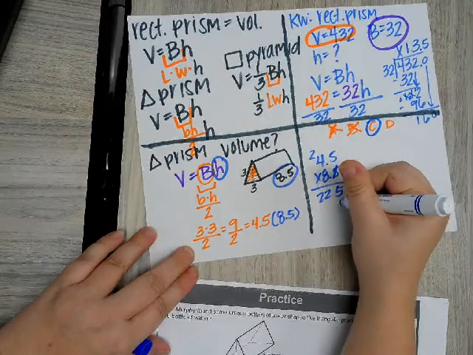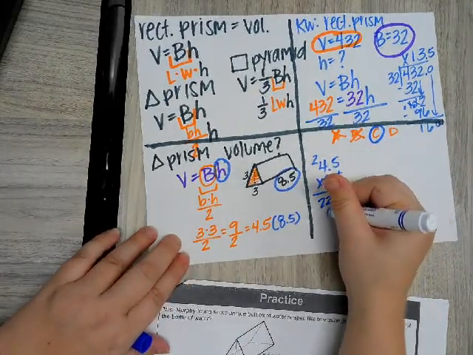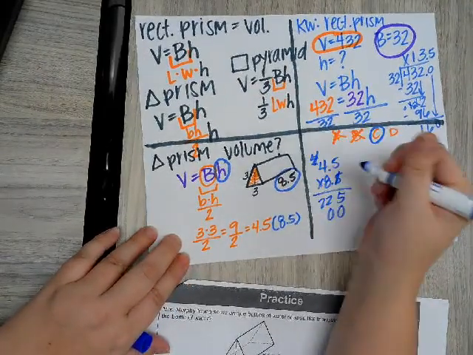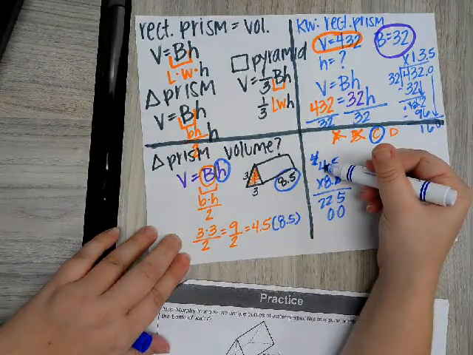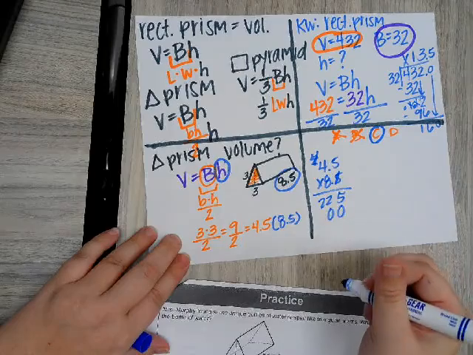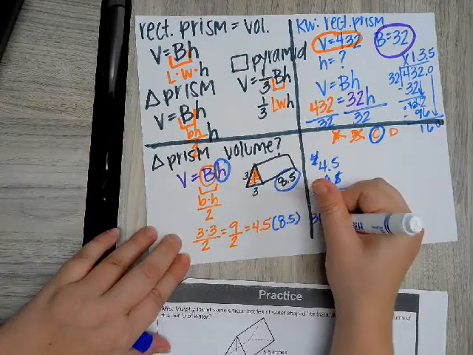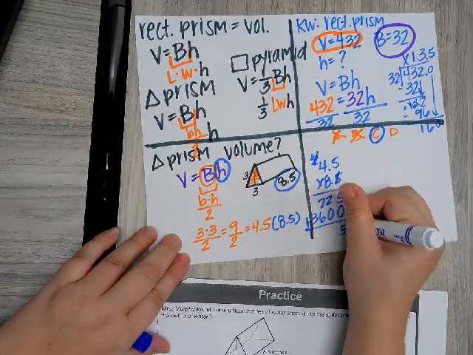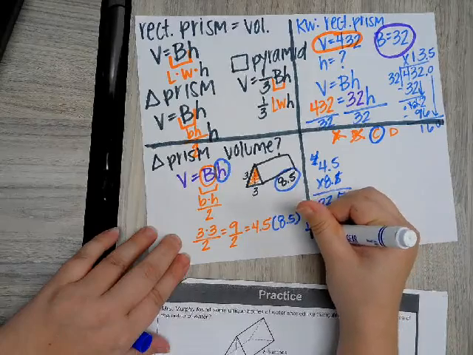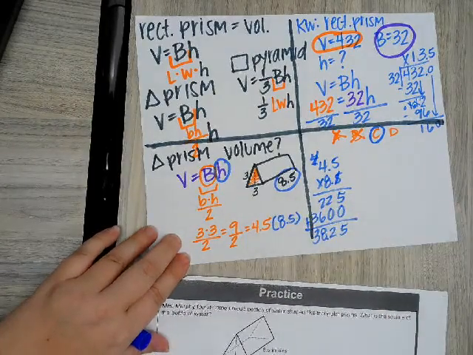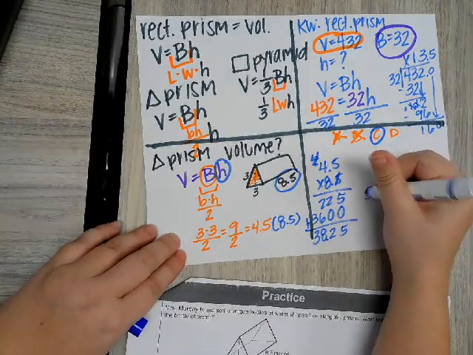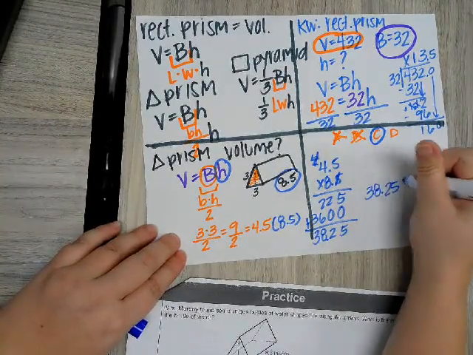Placeholder, 8 times 5 is 40, bring down my 0, carry my 4. 8 times 4 is 32, plus 4 is 36. I have 2 numbers behind my decimal, so my answer is 38.25 inches cubed.